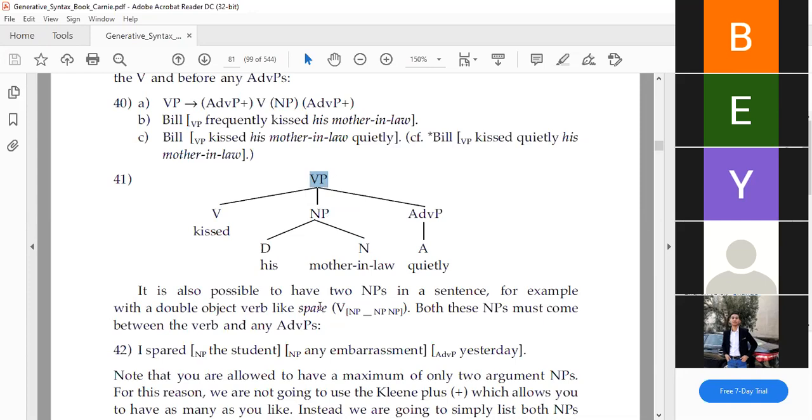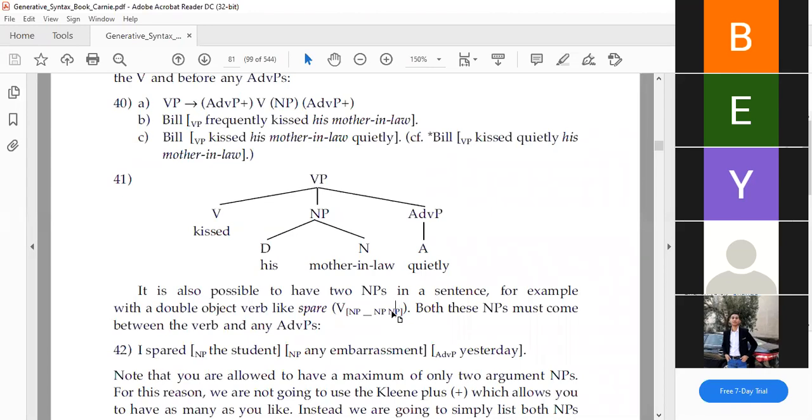Now remember that we have ditransitive verbs like spare. Do you still remember in chapter 2 that spare is a predicate that has a valency of 3 arguments: square bracket NP underscore NP, then square bracket. So one NP, the subject before the verb, then the verb or the predicate, then two NPs, direct and indirect object.